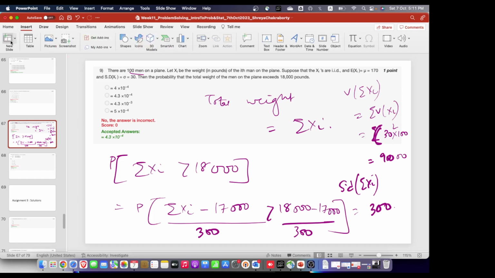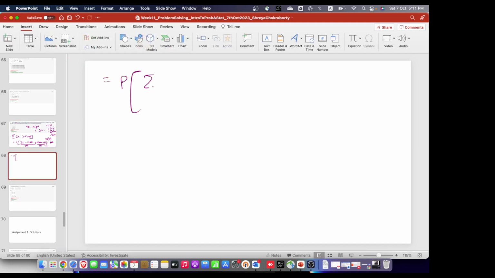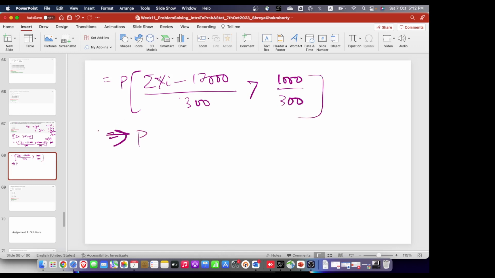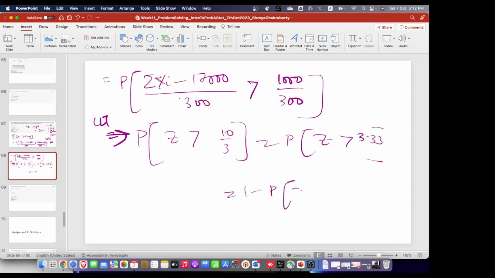So we would have here probability summation xi minus 17000 by 300 greater than 1000 by 300. By CLT, it will go to probability z greater than 10 by 3. That is probability z greater than 3.33. That is equal to 1 minus probability z less than or equal to 3.33. This will be very small.